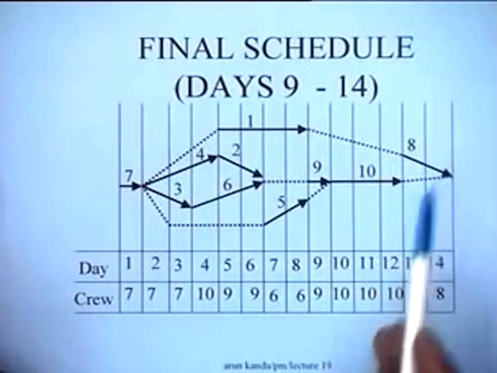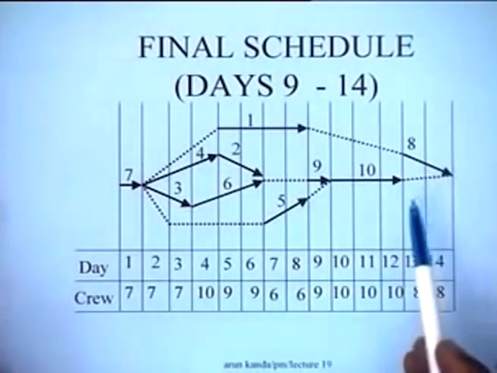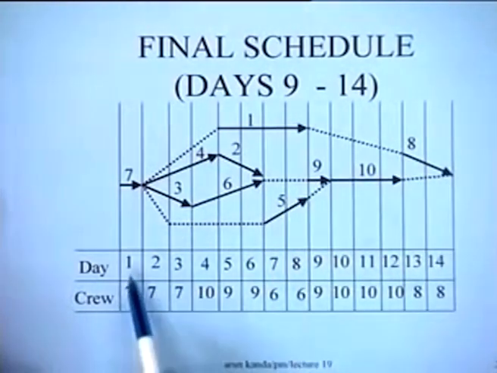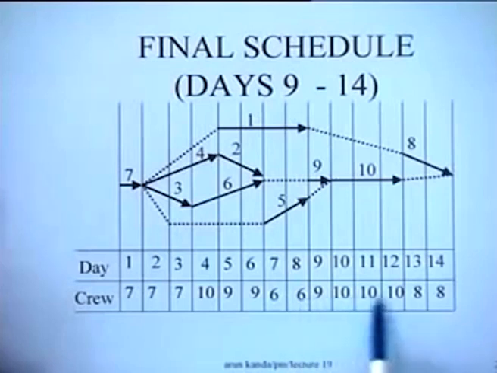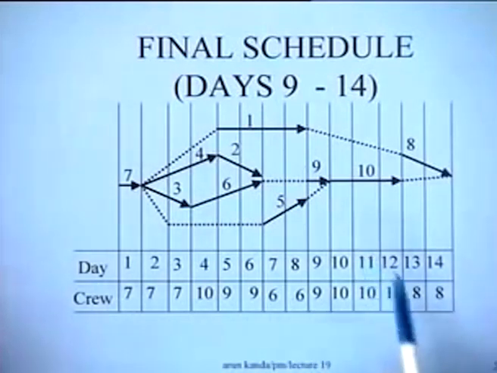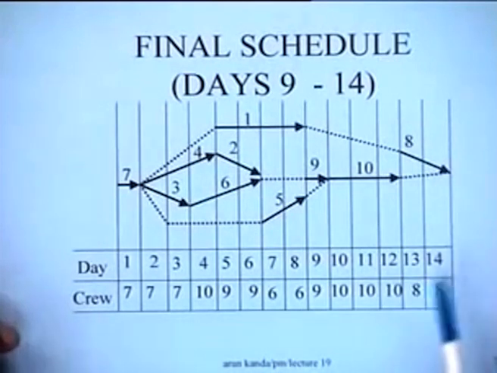So job 8 is done in this particular fashion, and ultimately what you notice is that we have been able to accomplish the project in 14 days, and the resource profile or the crew requirements are that on the 4th day and the 10th, 11th and 12th day you have a total resource requirement of 10, on other days it is less than 10. So this is a feasible schedule for this particular problem.